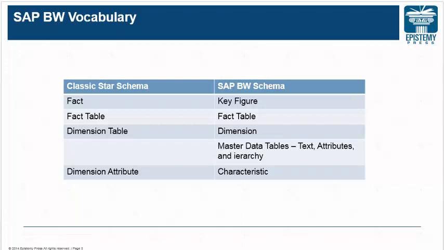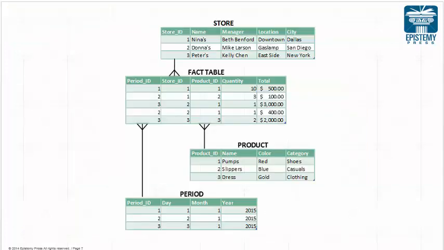As we said, every dimension has a group of characteristics. So if we say, going back, for example, a product has a product ID, a product name, a product color, a category, a number of characteristics tied together, and now we call them a dimension.